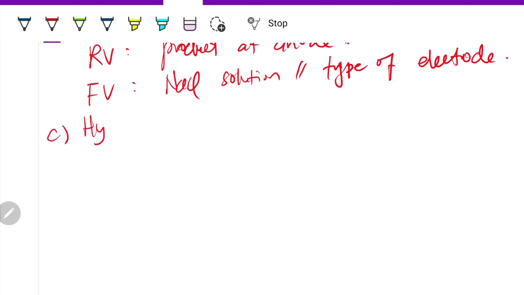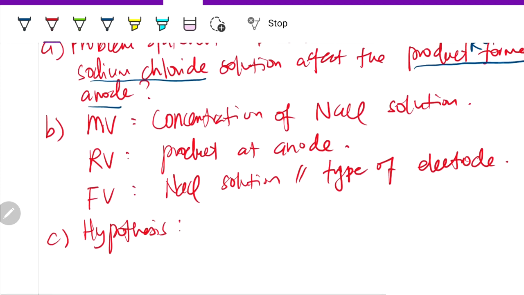So what is a hypothesis? We can write, meaning that this one you can refer to the conversation from the students just now.